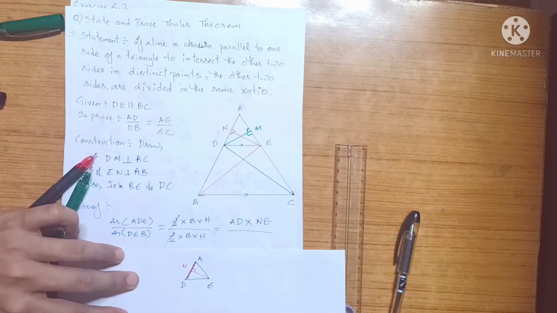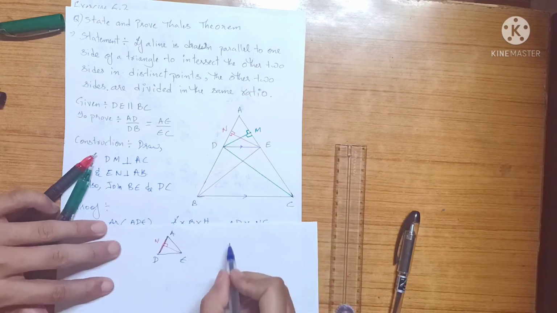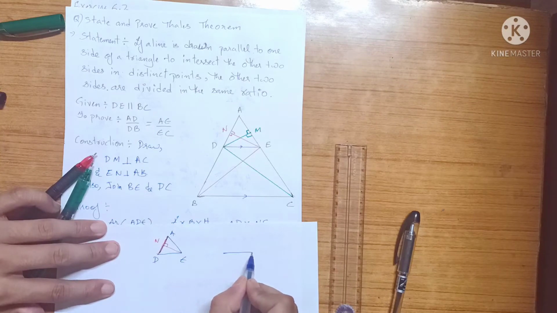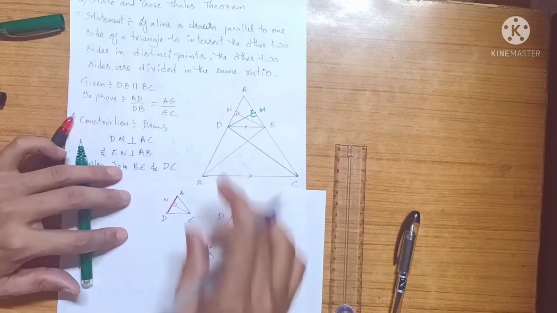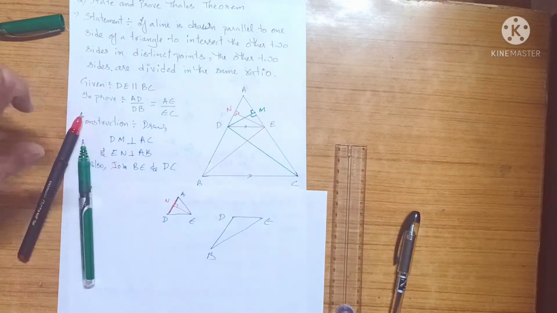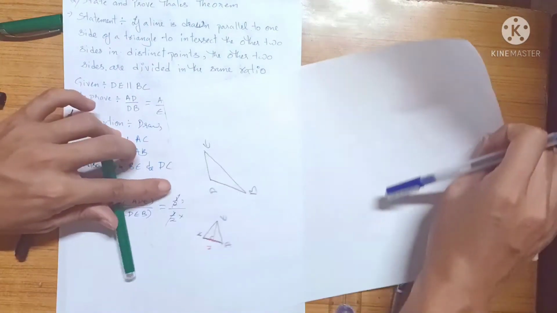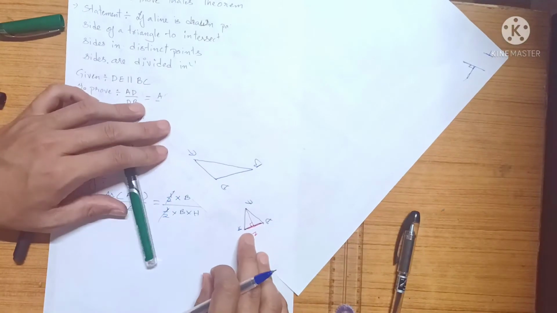Now the tricky part is this for triangle DEB. I just drew it here, but I'm going to turn this so you can understand better.